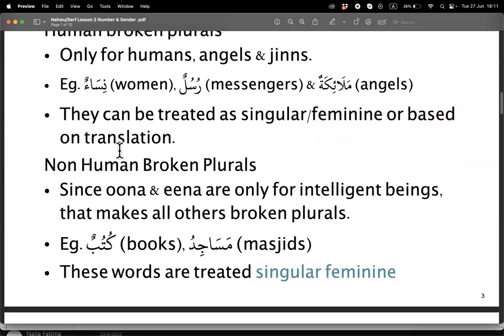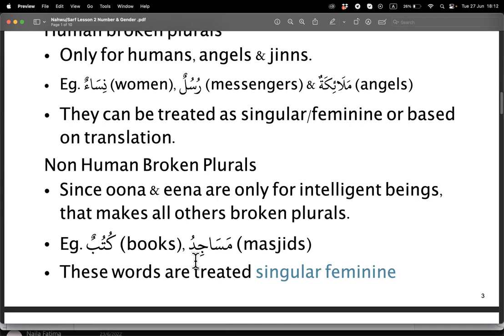And then for non-human broken plurals, meaning most things will be non-human, right? Pen, book, masjid, all these are things, right? So when you have things, you cannot do una, ina ending because they are for intelligent beings only, right? So you will definitely have a broken plural if it's a thing. So kitab is one book, many books is kutub. One masjid, many masjid is masajid.